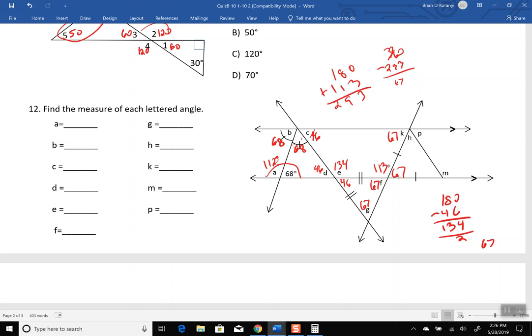Let's actually say, alternate interior, I know that those would have to add up to 113. That's not going to be super interesting, so that's not really helpful. Let's see, I know this would be 113. This would have to be 67.